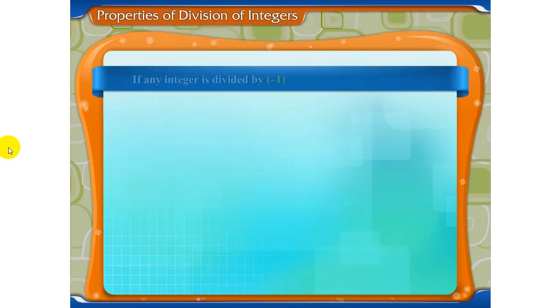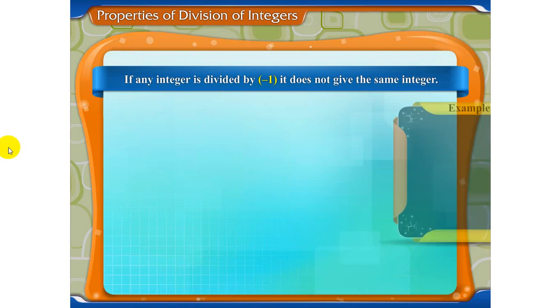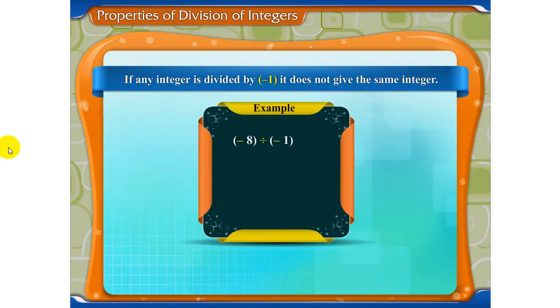We can say that if any integer is divided by minus 1, it does not give the same integer. For example, minus 8 divided by minus 1 is equal to 8. 11 divided by minus 1 is equal to minus 11.